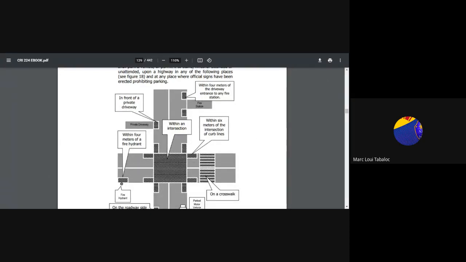Within 4 meters of a driveway entrance or 4 meters from any fire station, dapat walang nakaparking dyan. Yan yung tinatawag na fire lane. Okay? When you are about to cross or enter an area kung saan nandun yung fire station, yan.